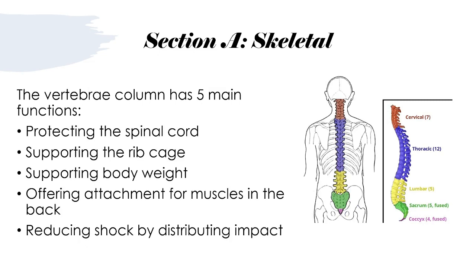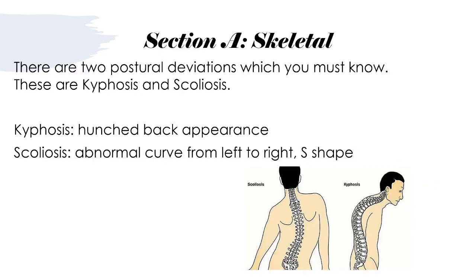It's got 5 main functions: obviously protecting the spinal cord, but it also supports the rib cage, supports body weight, offers attachment for muscles in the back especially, and reduces shock by distributing the impact. Two postural deviations are kyphosis and scoliosis. Kyphosis is hunchback, scoliosis is an S shape, not the normal curve.